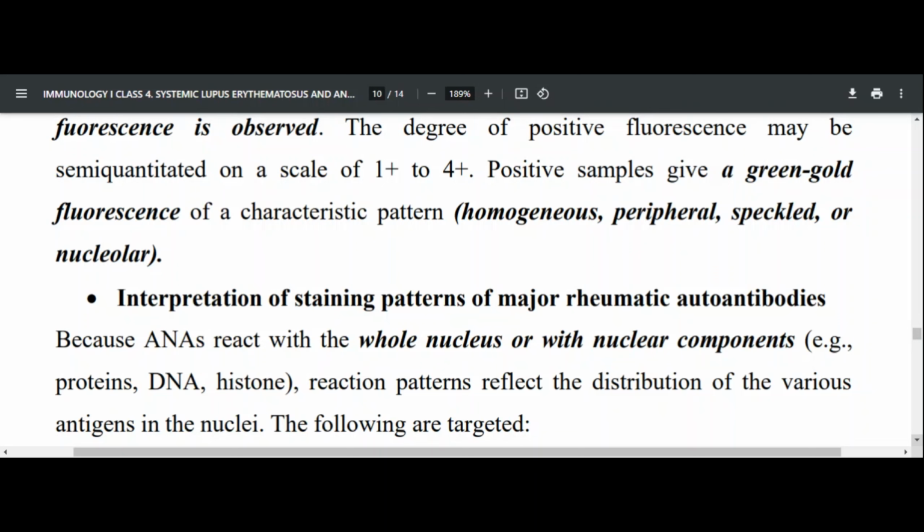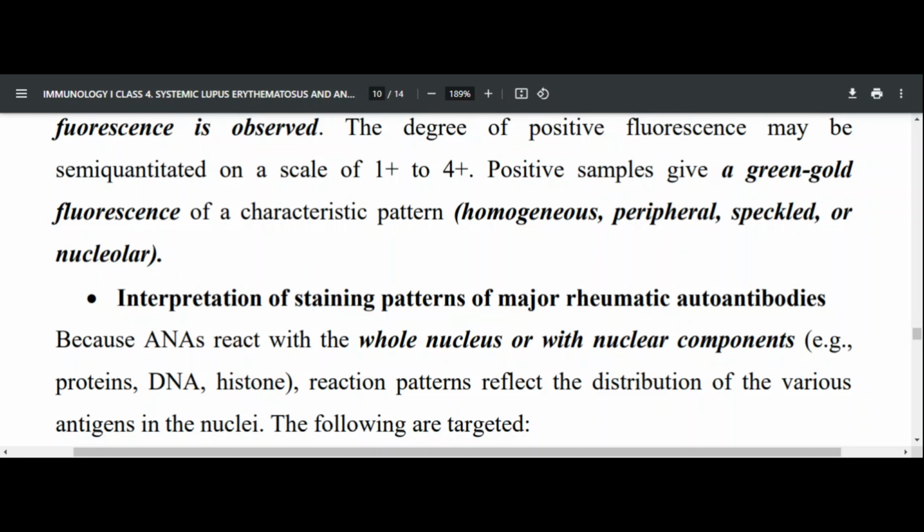Because antinuclear antibodies react with the whole nucleus or just nuclear components, for example a protein of the nuclei, DNA or histone, the reaction pattern reflects the distribution of antigen in the nuclei. So that's very important. We are trying to explain that the reaction you observe is consistent with the distribution of antigen in the nucleus.